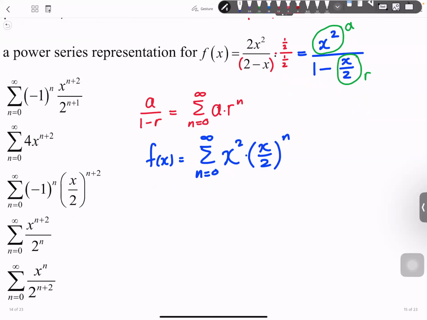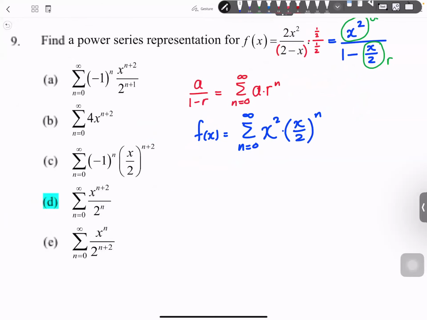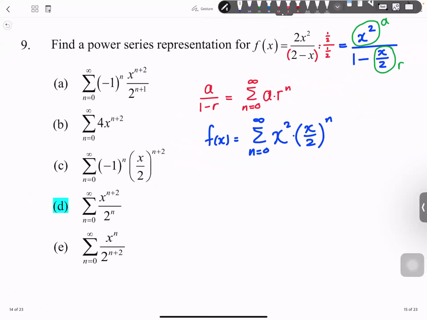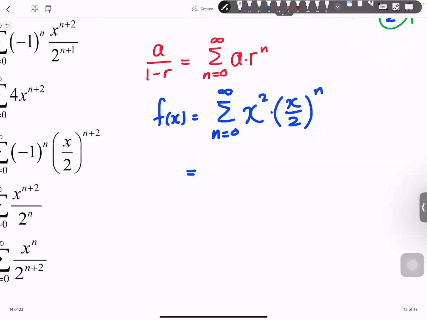Now, here's the thing. I'm happy with this answer, but it may not match any of the answers in the list. Surely, I'm looking at it right now, it does not match anything in there. So let's clean up a little bit. We could write this as the sum of x squared, and if we distribute this power outside of the parentheses, x to the power n over 2 to the power n.